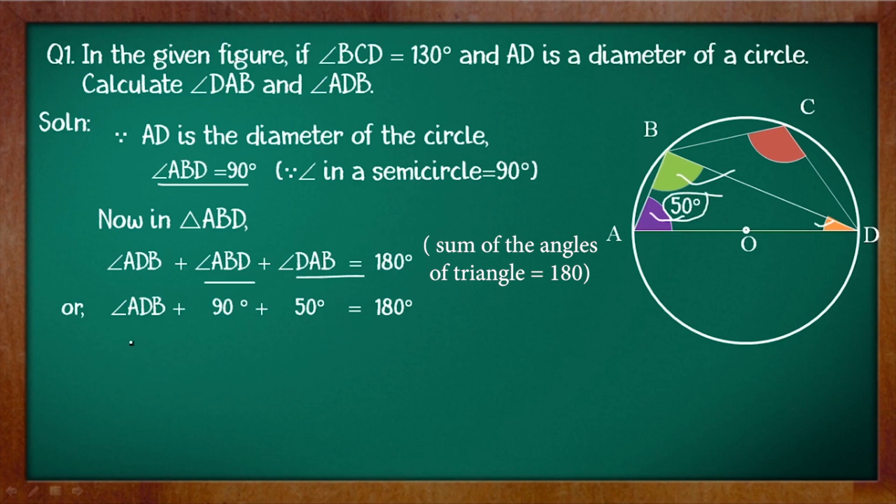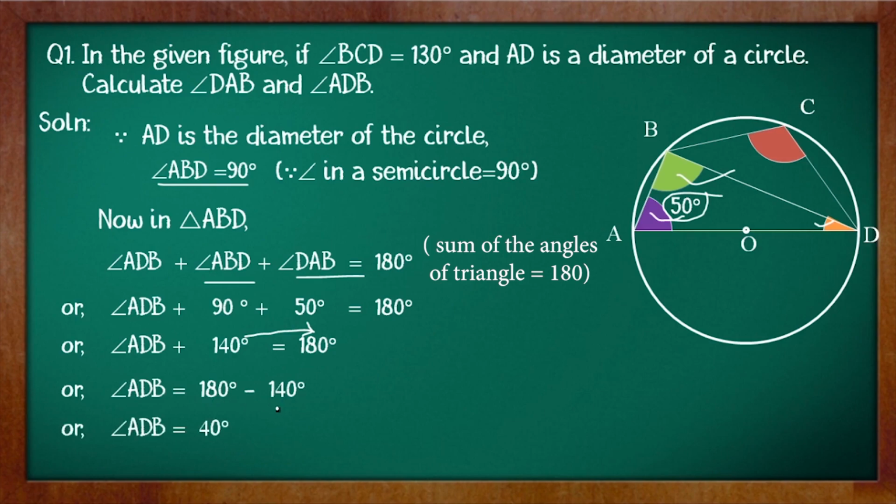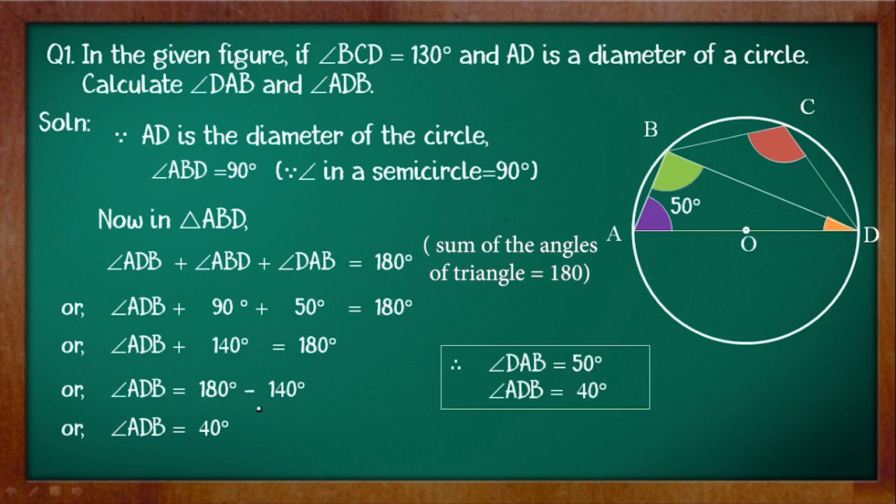Putting those values, we have angle ADB plus 90 plus 50 equals 180 degree. So angle ADB plus 140 degree equals 180 degree. Taking 140 to the right hand side, ADB is equal to 180 minus 140, so angle ADB is 40 degree. So the measurement of angle DAB is 50 degree and ADB is 40 degree. This is how we solve this problem.